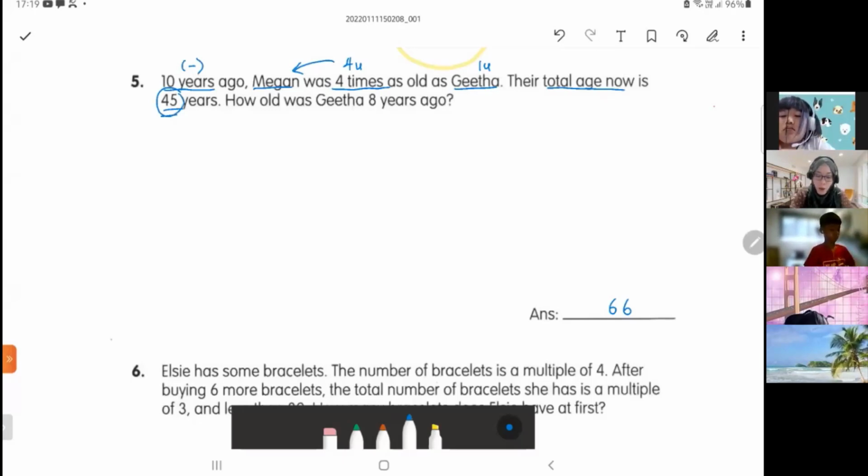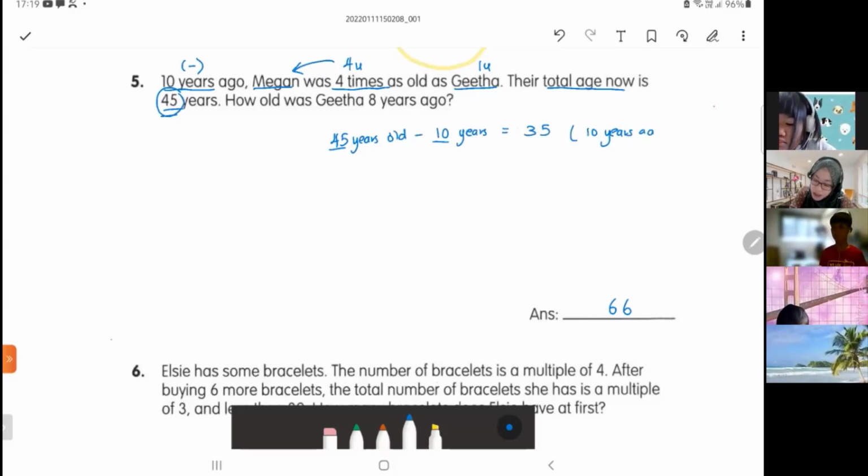In the past, what must I do? 45 years old minus 10 years equals 35. This is their age 10 years ago, which I'm going to use. I'm going to use this total, not the total now, because the comparison is given here.